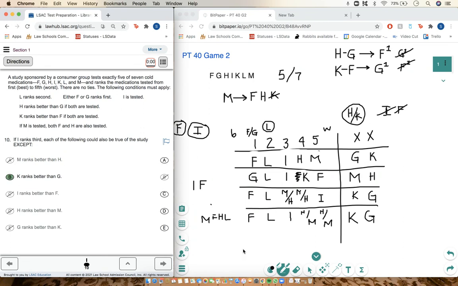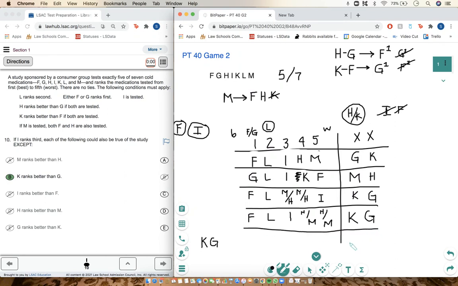So it must be false that K ranks better than G. And let's see why that's true really quickly. So if K ranks better than G, that means we have the letter K and we have the letter G. If we have K and G, our other letters are going to be I, F, and L. So L, because we always have to have F, right?